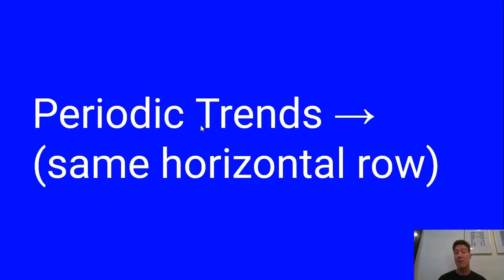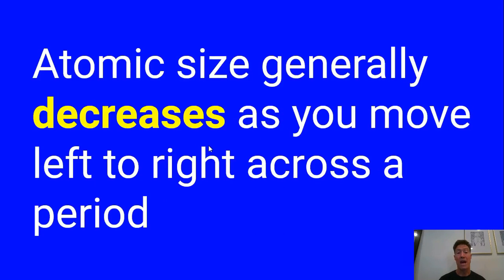But that doesn't happen within a period, within the same horizontal row. What happens is the atomic size decreases as we go. Why? For the exact same reason. Every time you add another electron, you add another proton and a neutron, and so the nuclear charge gets stronger and stronger and stronger. And every time we add an extra electron, it doesn't go into another shell, it goes into the same shell.